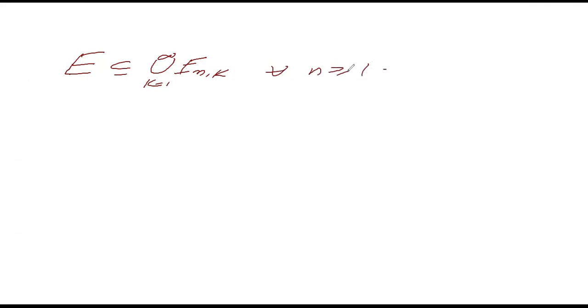This we show. So E is a subset of the union, k runs from 1 to infinity, of E_{n,k}.